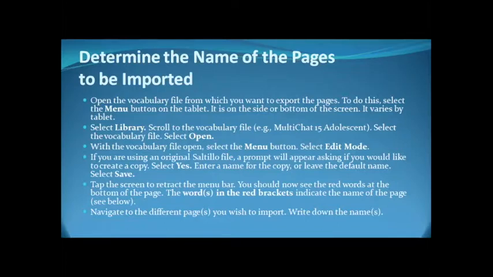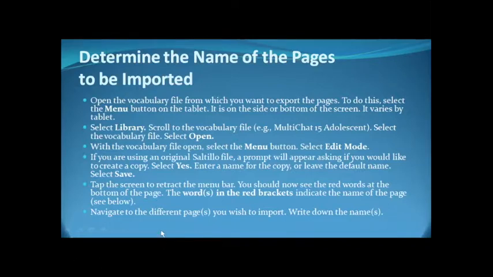When it's opened up, select the menu and go to Edit. You're not really going to edit it, but you have to have it in edit mode to see the name of it. It's going to say you have to make a copy, so just say yes, I'll make that copy of it.